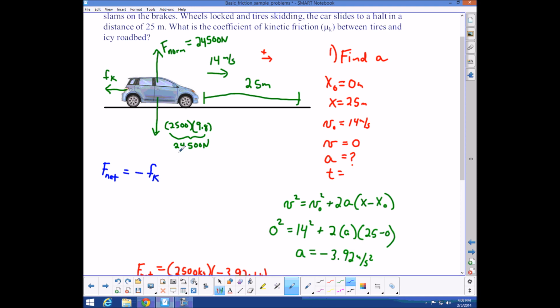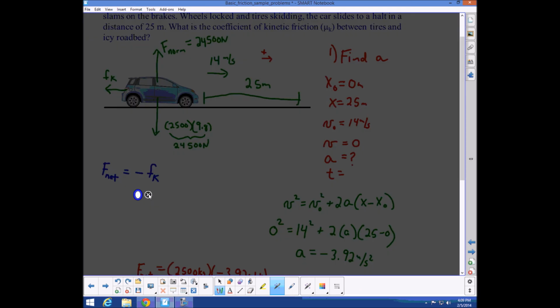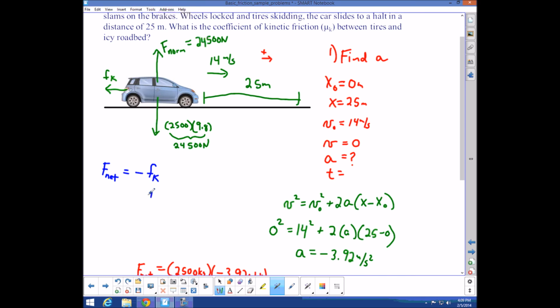It's negative F sub k. Again, one of the ways to look at this is we can think of the force to the right, which is 0, plus the force that's acting to the left, and we make that force to the left negative. And so when we put those two things together, we get that the net force is negative F sub k.